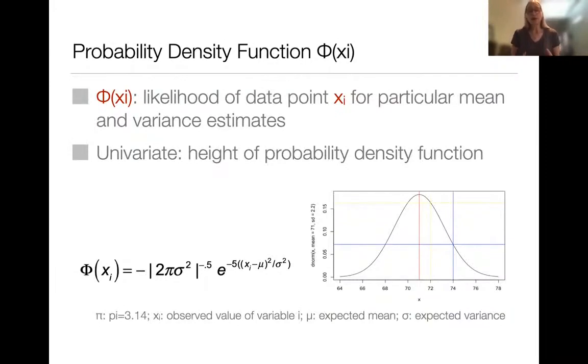Based on the values that we provide for the mean and the variance, we can work out the likelihood of any particular data point, and then we can sum across all these likelihoods of all the different data points to get the total likelihood of our model. And basically for any particular data point, it's the height of this probability density function that provides us the likelihood of that particular data point.